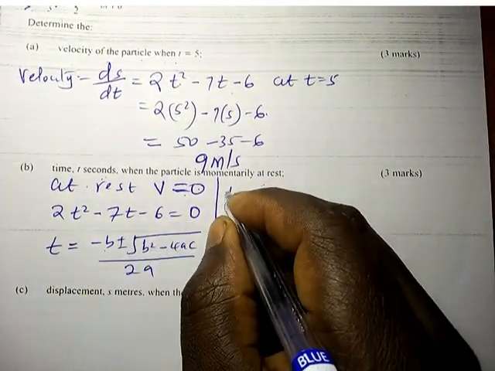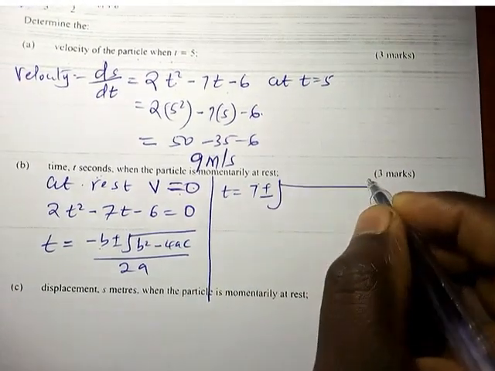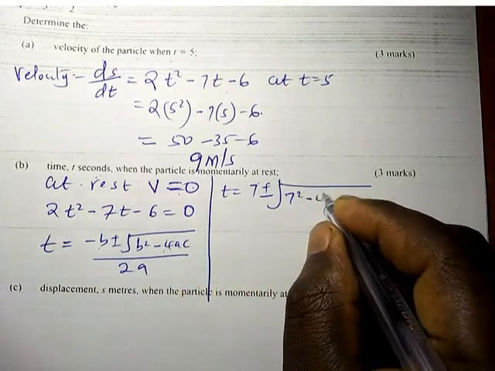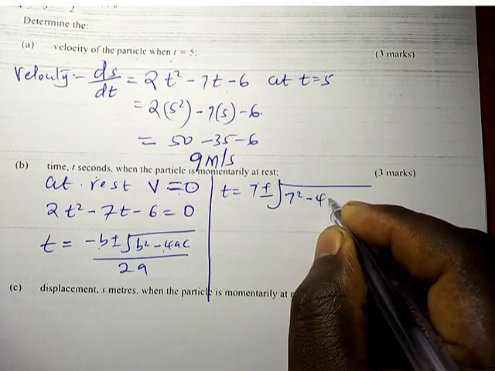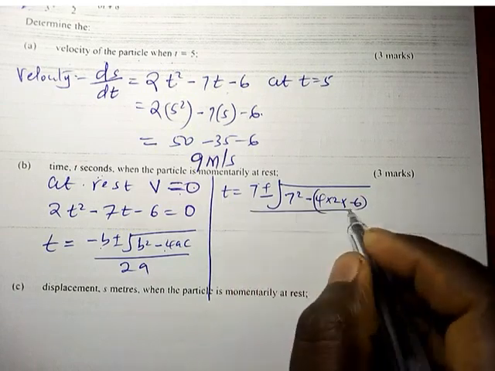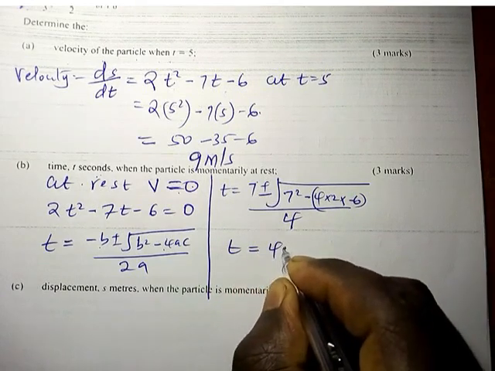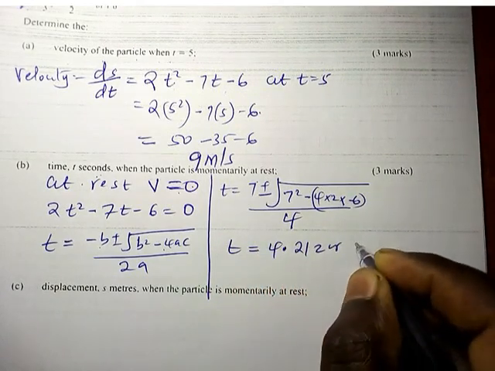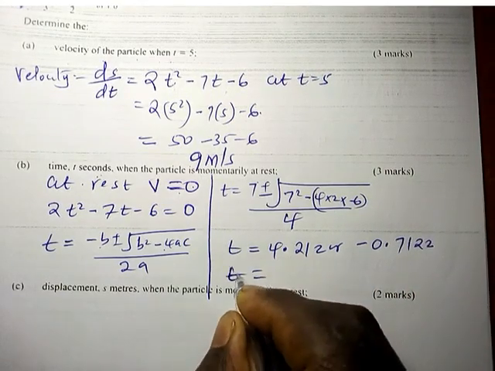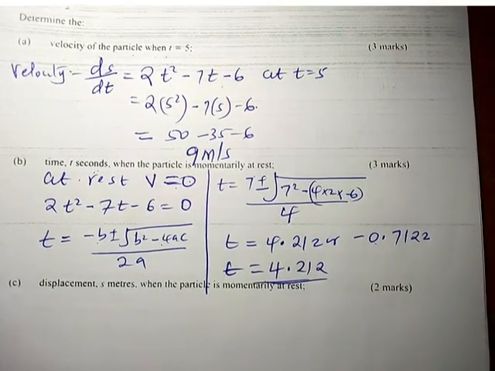So t equal to 7 plus or minus square root of 7 square minus 4 times 2 times negative 6, divided by 4. This one gives you t equal to 4.212 or negative 0.7122. Time will not be negative, therefore the time will be 4.212 when it is at rest.